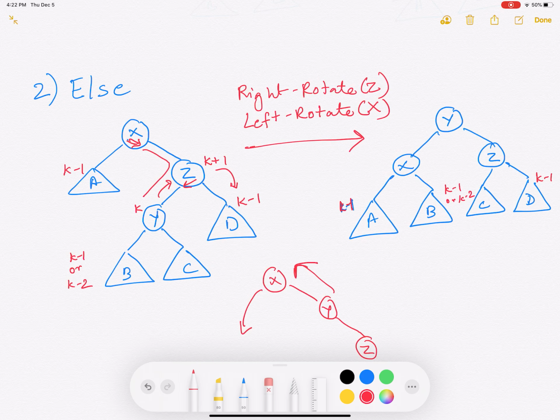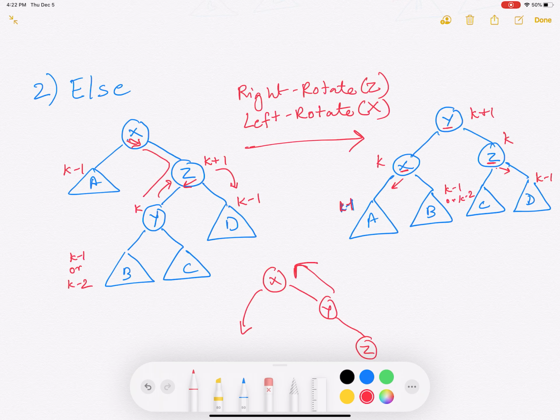Therefore x and z will have heights of k. X could be balanced, or it could be heavy in this direction. Z could be balanced, or it could be heavy in this direction. It does not matter. And y is balanced, and it has a height of k plus 1.